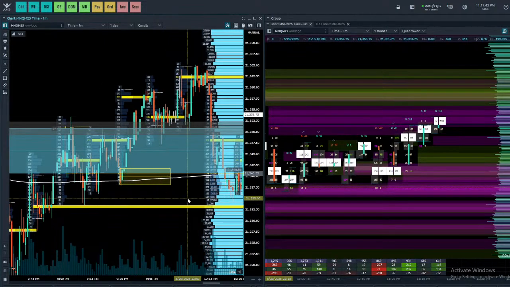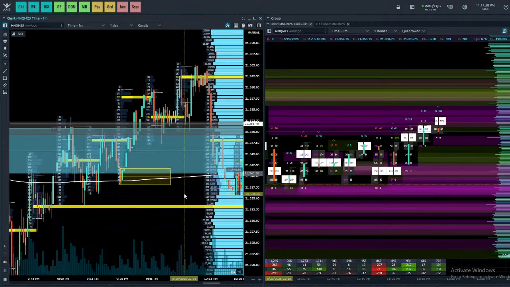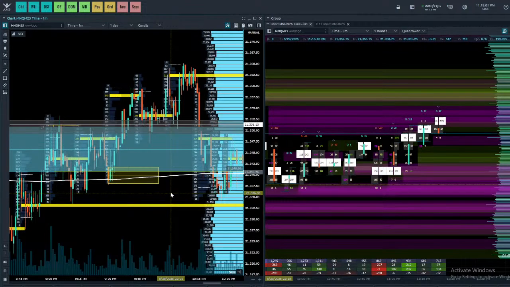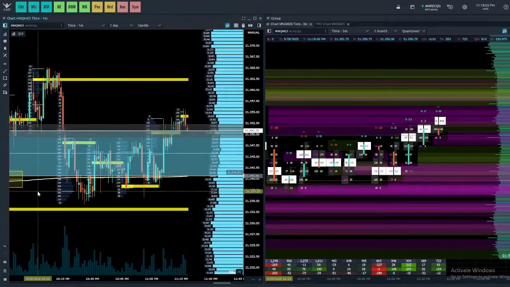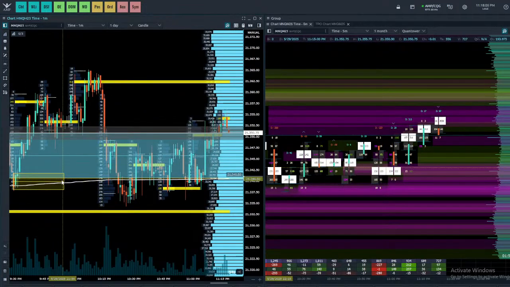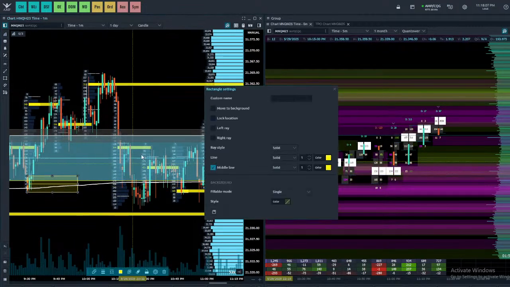Yeah. I'm gonna get better at it, like I kept saying today. Today was my first time ever watching an ICT video. Not just watching, my first ever time watching a fair value gap video, an ICT video. Oh, this big red candle is a fair value gap right here.